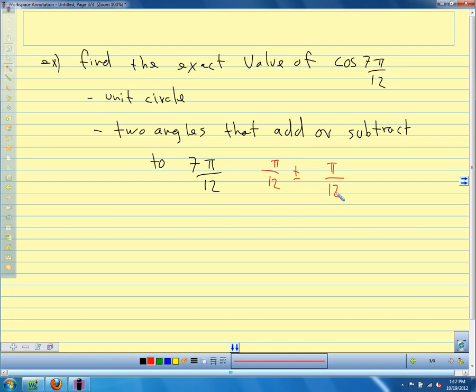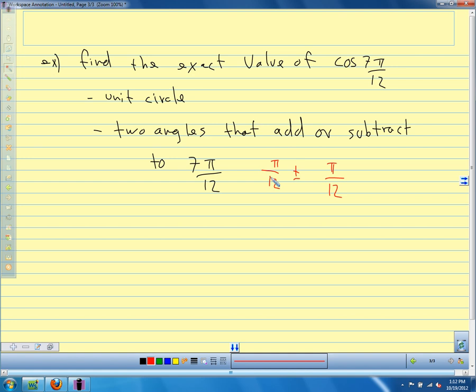No. So we want fractions with a 2, a 3, or a 6 in the denominator, right? We have pi over 2, pi over 3, pi over 6, and we also have pi over 4 on the unit circle.